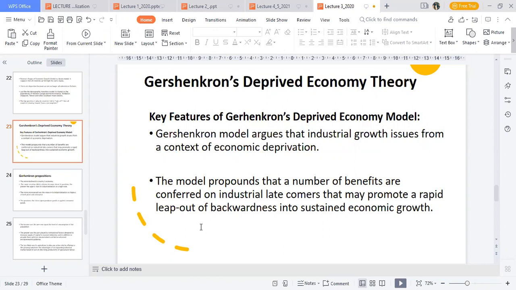So today, he used the word deprived. Deprived means that you cannot achieve certain things. Okay. And what's the condition? He said that the more deprived you are, or the more poor you are, the more sensitivity you have that you have to develop. Please understand this one. The more poor you are, the more sensitive it becomes for your people that no matter what, they have to develop.